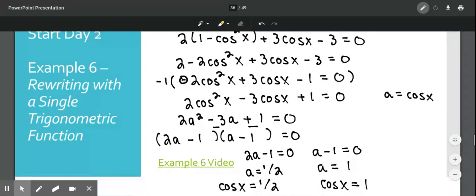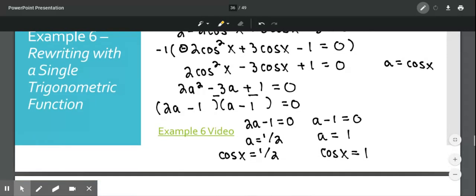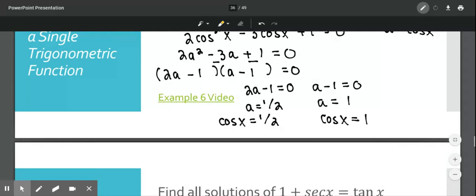We don't have that 0 to 2 pi, so we're going to have that plus 2 pi n on our answer. So cosine, again, those are your x values. Cosine is 1/2 here and here. So we would say when x is pi over 3 plus 2 pi n, and when x is 5 pi over 3 plus 2 pi n.